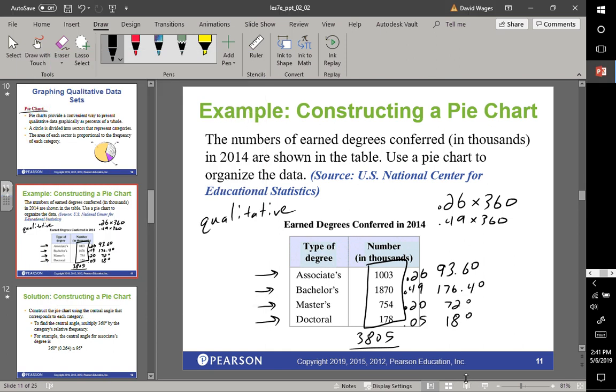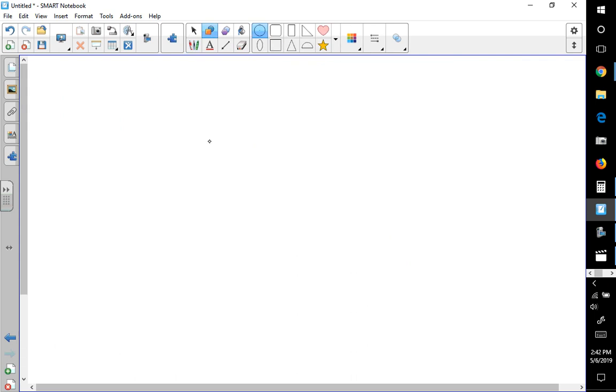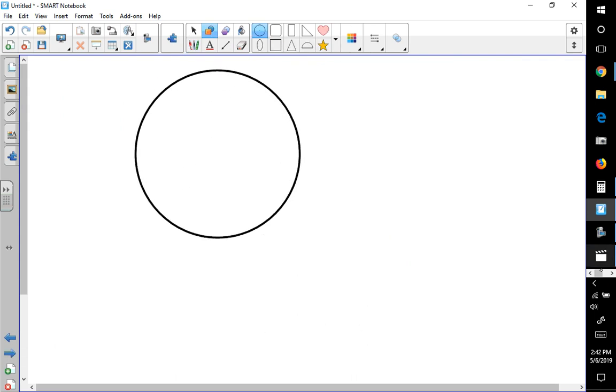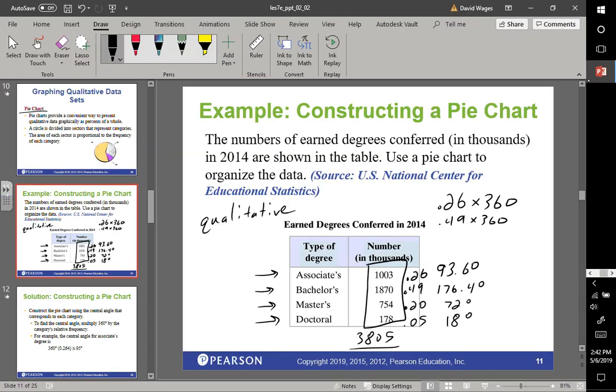So if we were to draw our circle, our pie, and let's do that. That allows us to know what angle we should have for each. So one of those was almost 180 degrees. So that would be half of the pie. So bachelor's degree would make up that one.